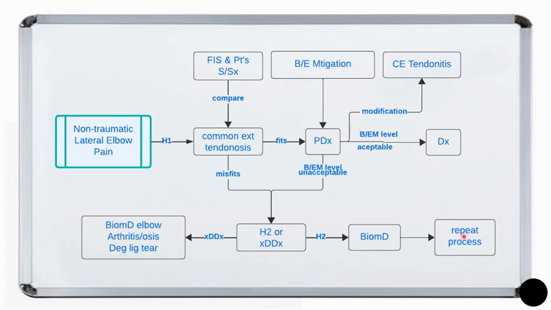And we keep doing that until we come up with one that does fit the patient's signs and symptoms. On the other hand, if we're going to go to exclusionary differential diagnosis, these may be them: biomechanical dysfunction of the elbow, arthritis or arthrosis, a degenerative tear of the lateral collateral ligament, or it could have been a tendinitis, which we should have picked up here anyway.